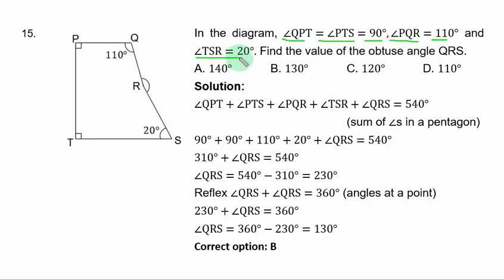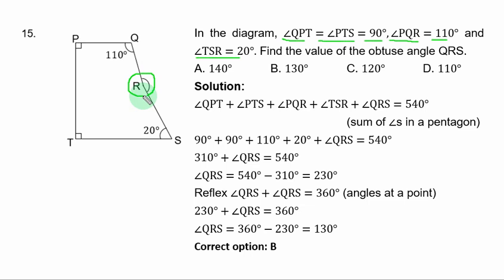Find the value of the obtuse angle QRS. This is the obtuse angle. So we need to get the reflex angle because the sum of both angles equal 360 degrees.